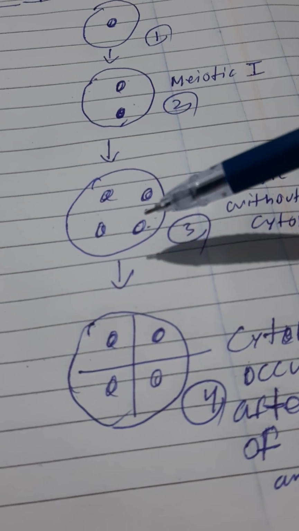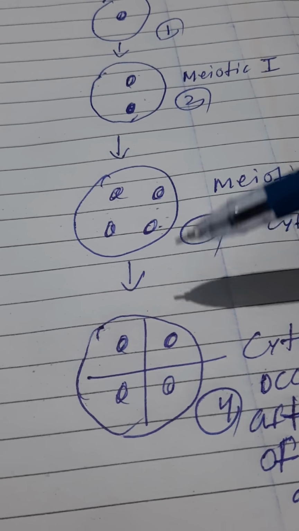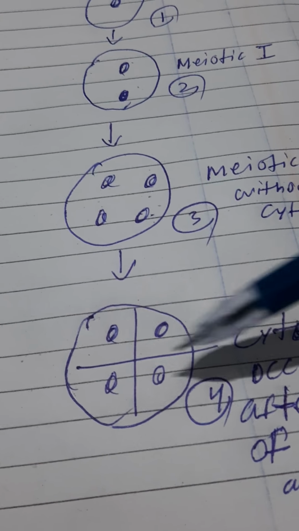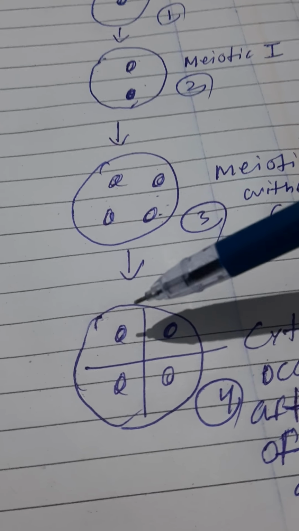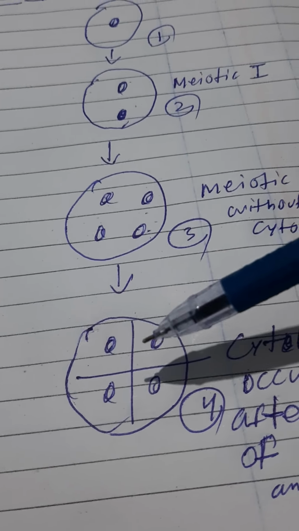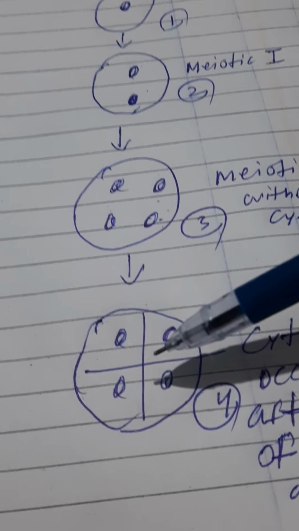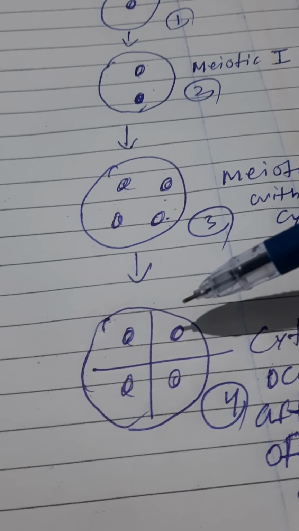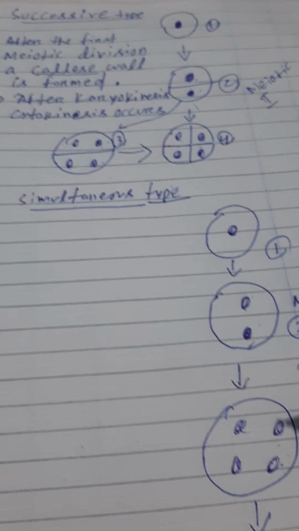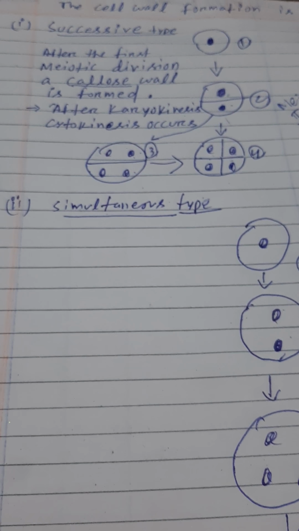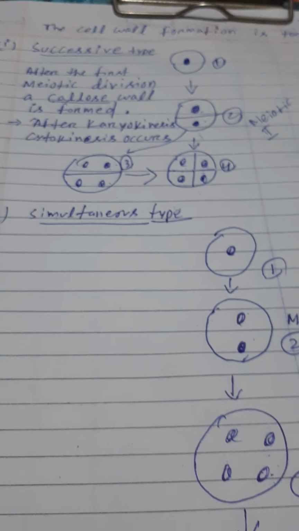So you can say karyokinesis is not followed by cytokinesis. After completion of total karyokinesis, cytokinesis will occur. So finally 4 microspores get formed, but it is quite different from the successive type. So these are the two types of microsporogenesis, successive type and simultaneous type, according to cell wall formation.